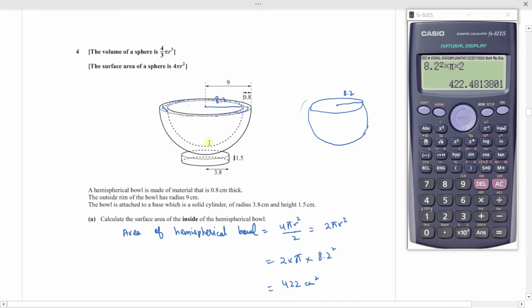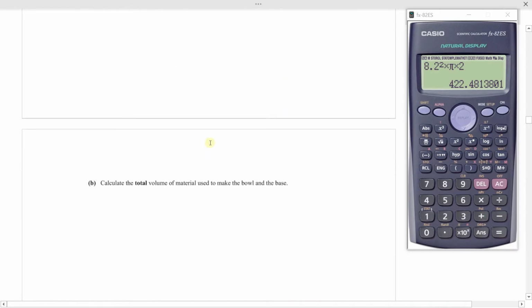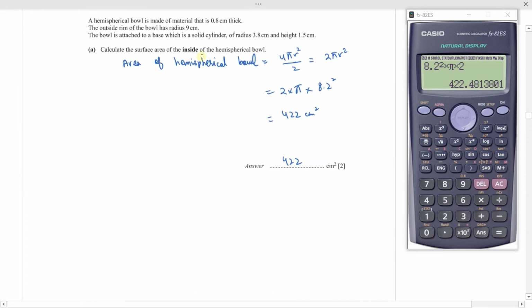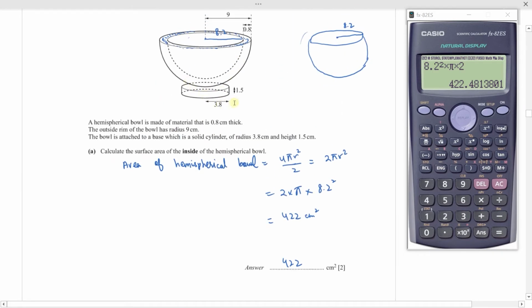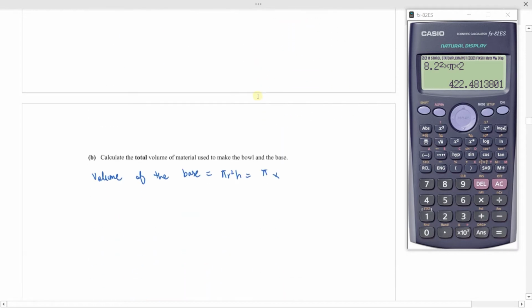as it is. So let's first calculate the volume of the base, which is a cylinder. So your volume will be pi r square h. So pi into your radius, which is 3.8 of this base, and height is 1.5.